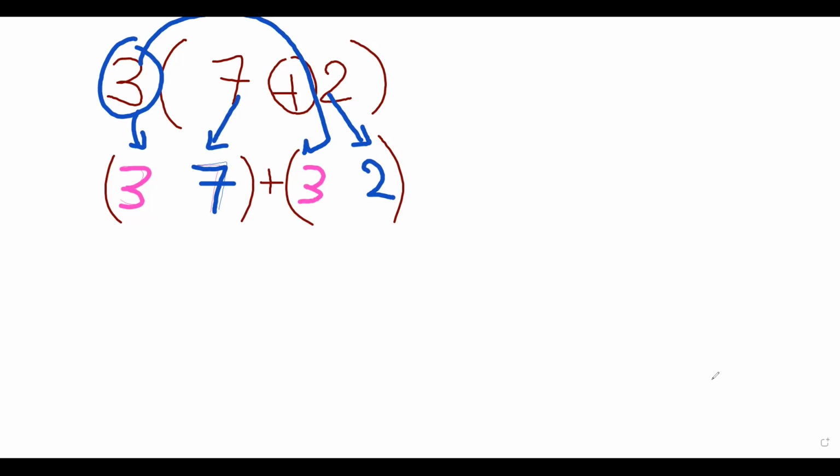One is here and one is here. Then between these 2 numbers, write multiply. So here what you have to do, or what did you do, sorry? You distribute number 3 into 7 and number 3 into 2.